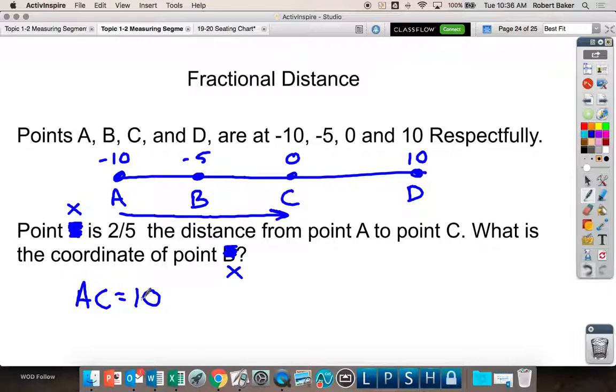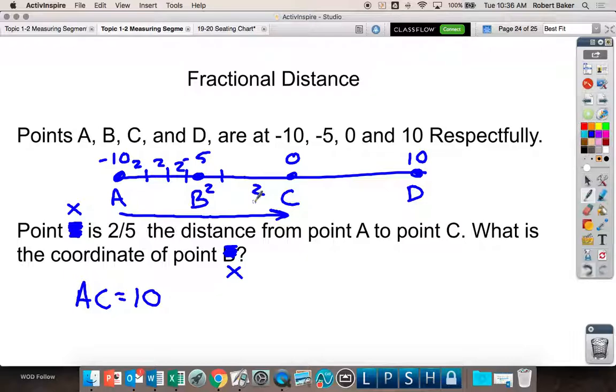Divide 10 by 5. Okay, so you're dividing 10 by 5, and that's going to give you what? 2. And then multiply 2. So 2, 2, 2, 2, and 2. The 1, 2, 3, 4, 5 sections of 2. That's right. That breaks it into 5 sections, fifths.